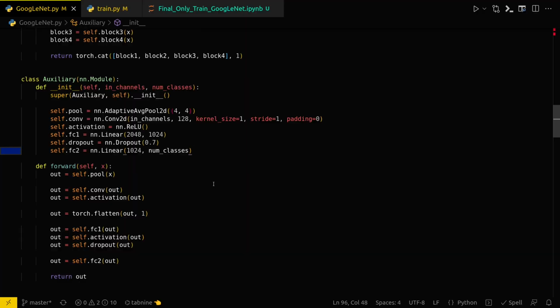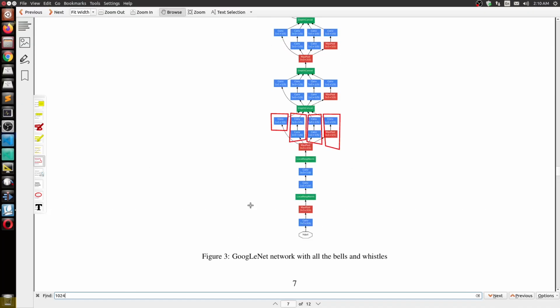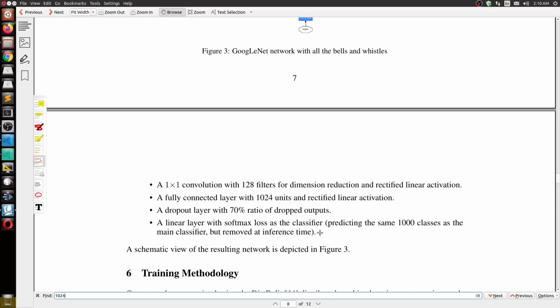So go back to the code. That's my auxiliary class, and I'm starting with adaptive average pool. Then I have a conv2d with activation nn.ReLU, and then I have the first fully connected one. If you're wondering how I'm getting this number 1024, or this nn.Dropout 0.7 after the first fully connected, let's quickly check the paper, because it is very well explained here.